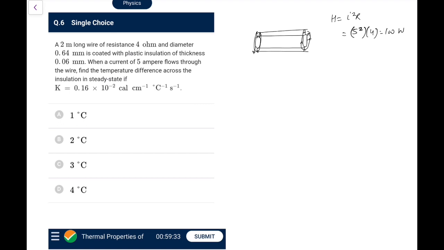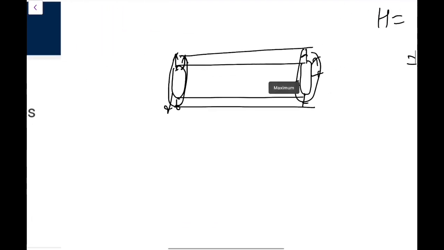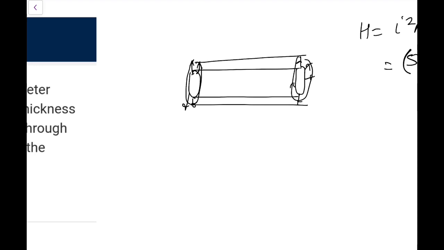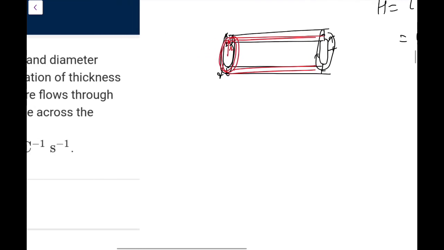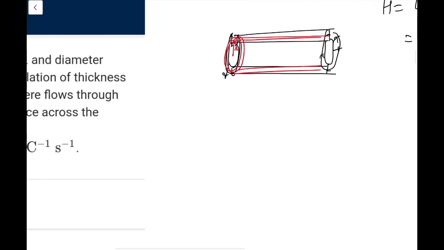Again the way we did it in the last question, let me enlarge it, it's better. Go to some distance r and take a small shell of dr thickness, a cylinder like this. So you will have the radial heat flow, and again all will be in series.